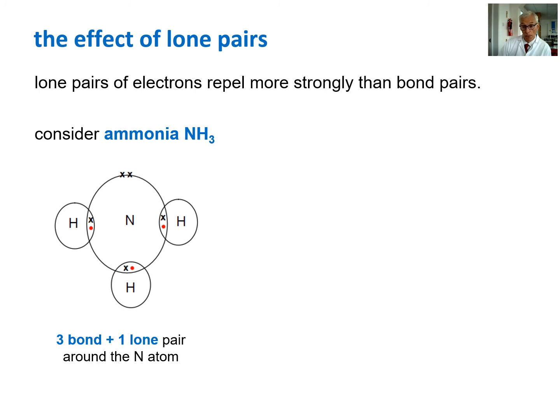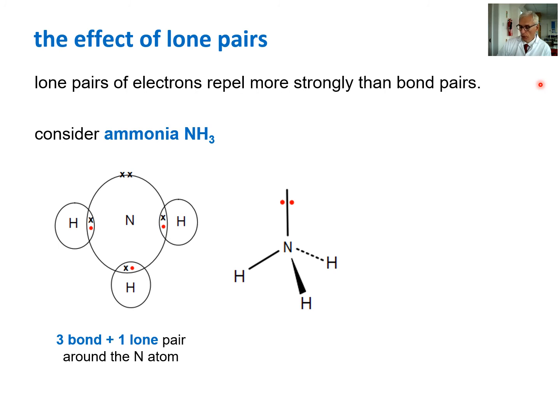So 4 pairs of electrons will occupy the positions of a tetrahedral, but we don't include in our shape pairs of electrons. The lone pair here acts to repel these 3 bond pairs, but it is not part of the shape of the molecule.